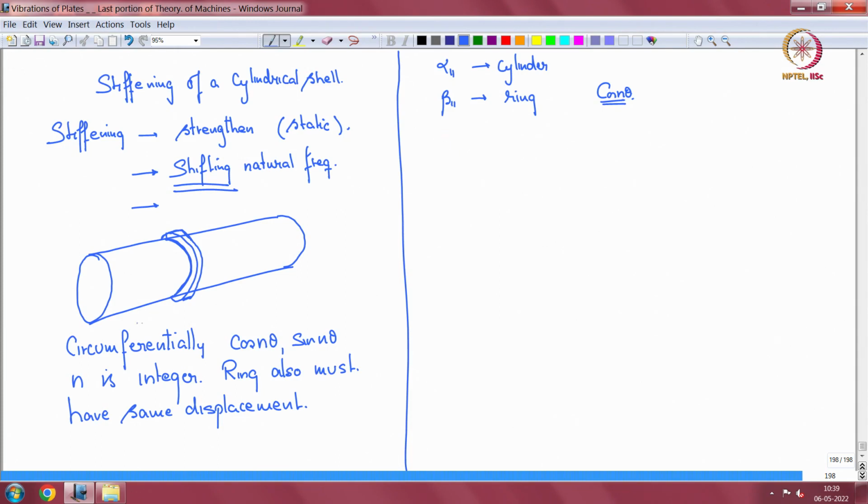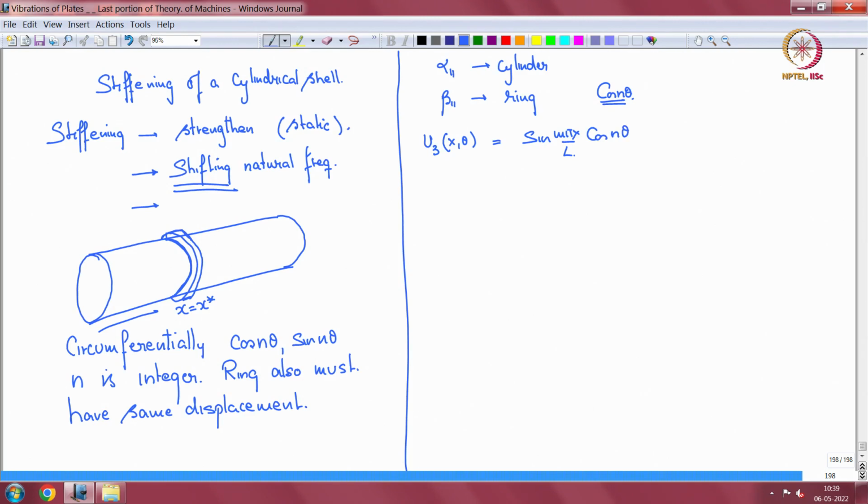So, let us say this stiffener is attached at an axial location x equal to x star, and I will consider u3 to be sine m pi x by L cos n theta. That is the shape.